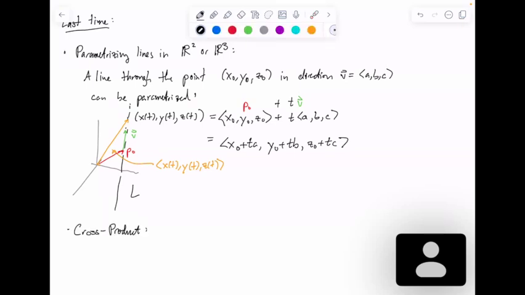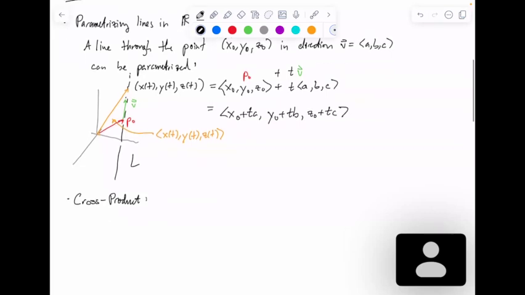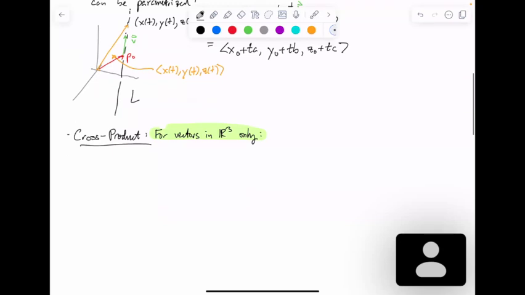This is an operation on vectors in 3 dimensions only. And what we saw last time was the formula for the cross product. If you had a vector, let's call it v, with components v1, v2, v3, and w with components w1, w2, w3, then the cross product v cross w must be equal to the following.